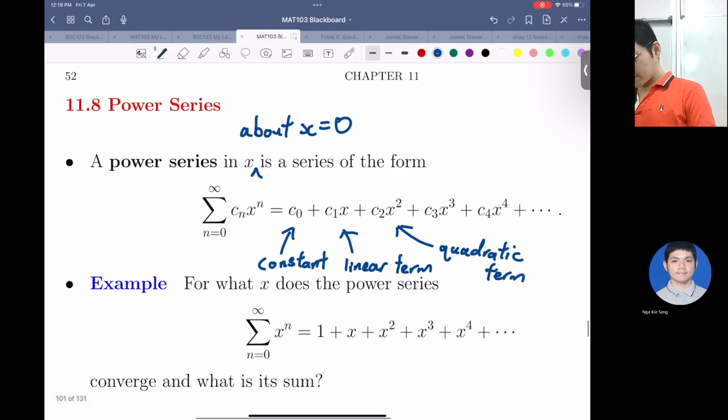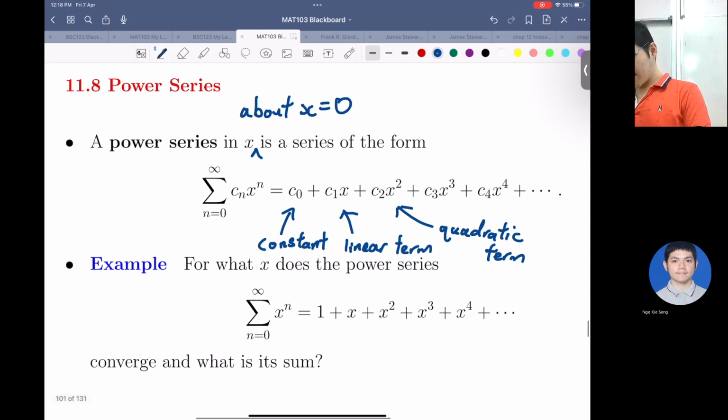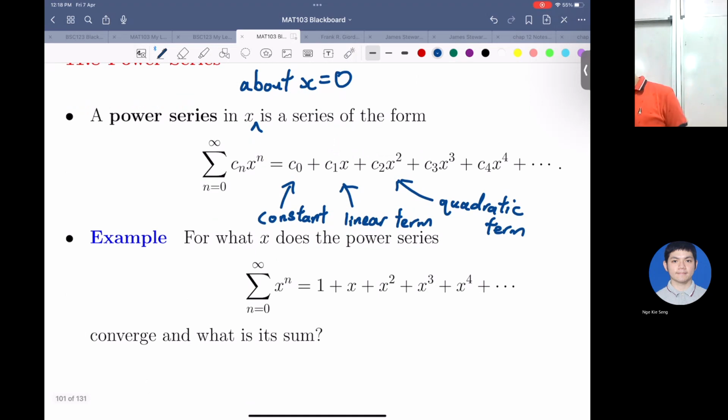So next example: for what x does the power series converge, and what is its sum? In particular, a power series is a series. So how do we determine when this converges? What test can we use? Geometric series, sure.